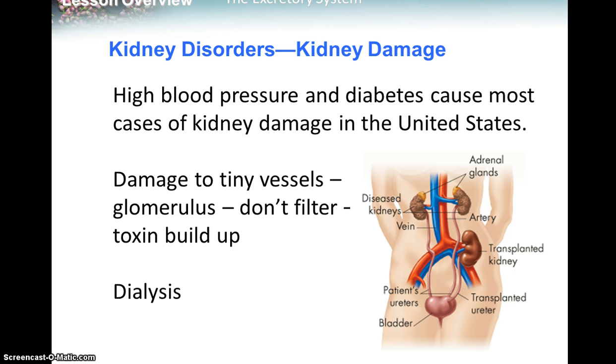And since that's where the filtering happens, if they're not working properly, the blood doesn't get filtered properly, and toxins or poisonous molecules build up at abnormal levels. So the treatment options there are dialysis, where basically your blood goes out of your body through a machine that through filtration takes those toxins out, returns your cleaner blood to your body. And then transplant would be another option.